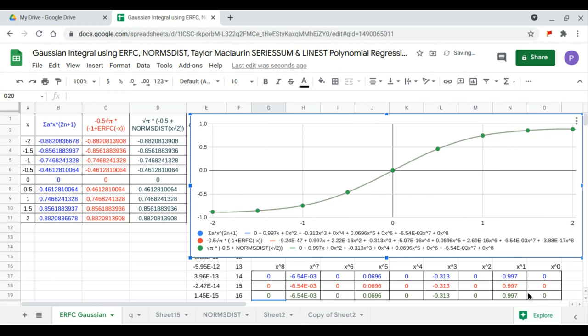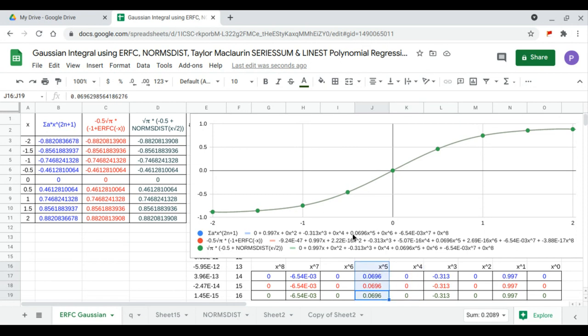So let's compare. X to the 0, 0. This one is already 0. The coefficient of x is 0.997. The coefficient of x squared is 0. This is already 0. The x squared here, 2.22 times 10 to the minus 16, that's already 0. X cubed, that's minus 0.313 in all three. X to the fourth, 0. Here, minus 5.07 times 10 to the minus 16, that's 0.